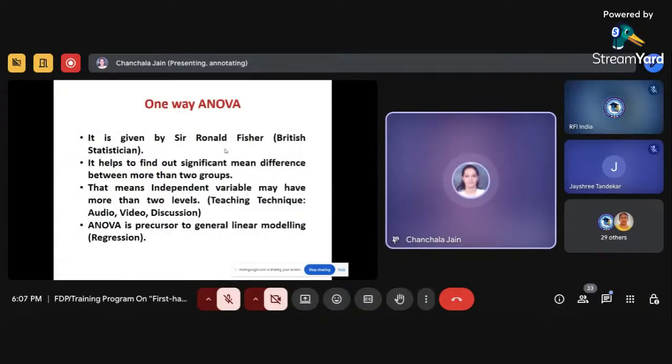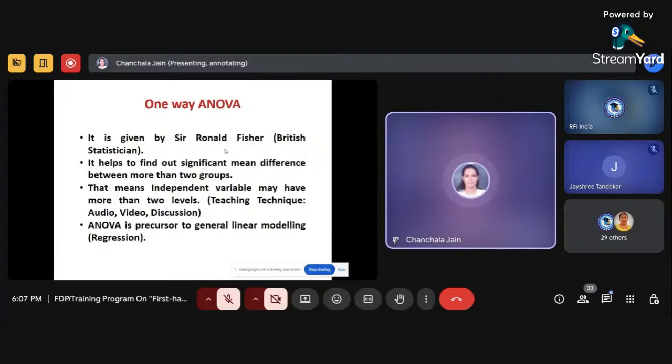This test also helps us find the significant mean difference. The question comes: when we have the t-test available to find the significant mean difference, why do we need ANOVA? With the independent samples t-test, we can compare the mean of two groups only. What if we have more than two groups?